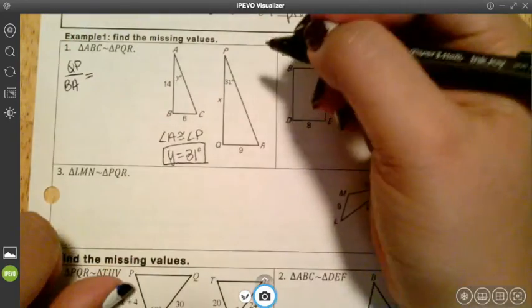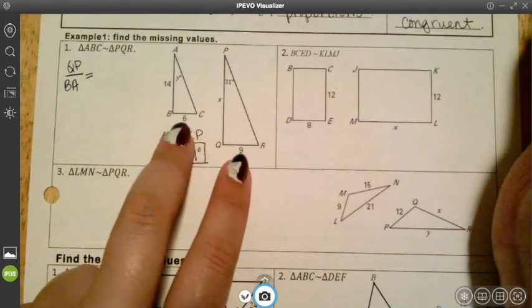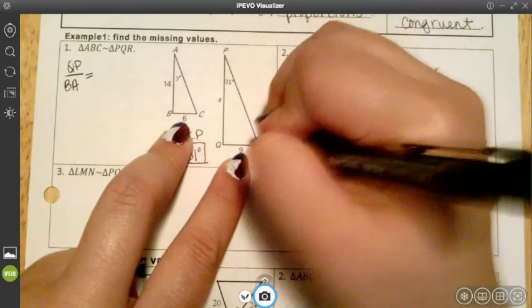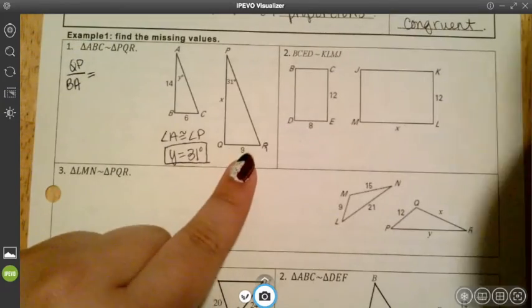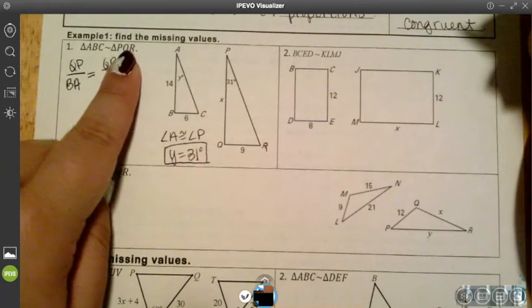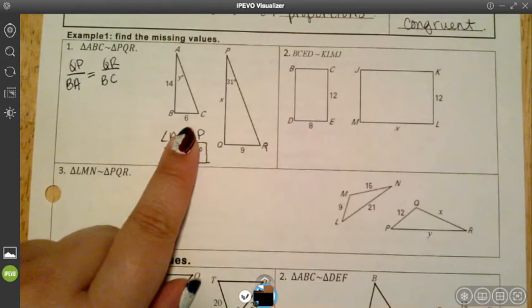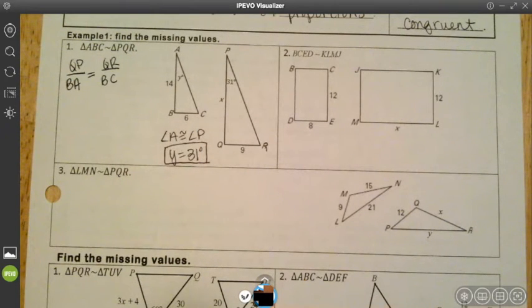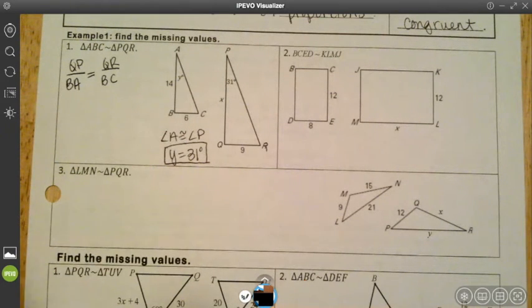And that has to be equal to the pair of sides that I know all the information for. And that's QR. QP is in the numerator, then QR, same triangle in the numerator. QR was the second two letters, so the second two letters is BC. Notice how I'm always going back to that similarity statement to make sure that I'm using corresponding sides, not just what the diagram shows me, not assumed from the visual diagram, but actually from the statement.